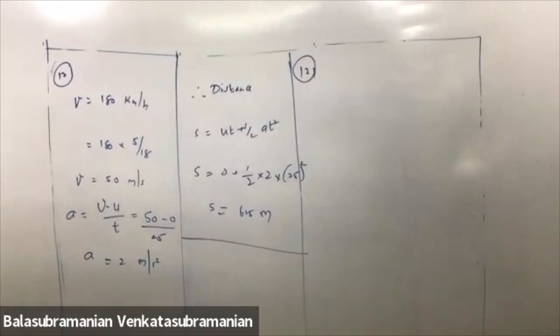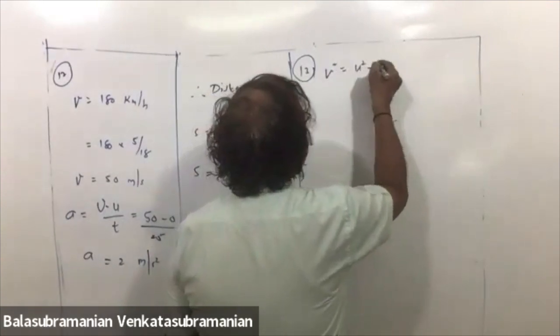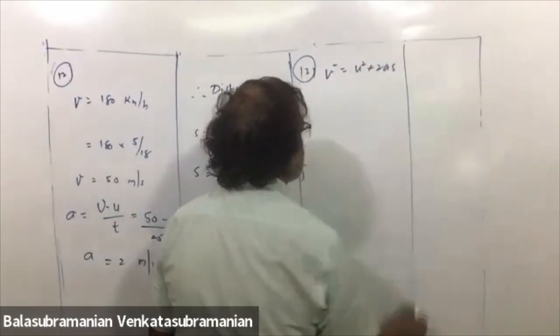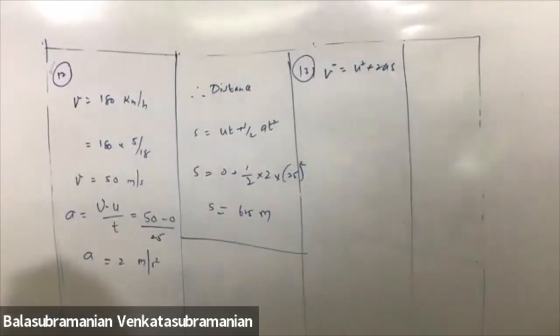Comes to rest in 0.4 meters. Find the time taken. Time taken only you have to calculate. Again, equate the motion. V square is equal to U square plus 2AS. So first calculate acceleration from this, then we can calculate the time taken.